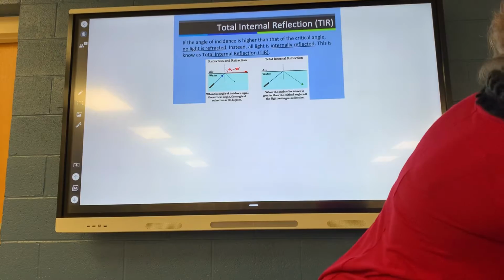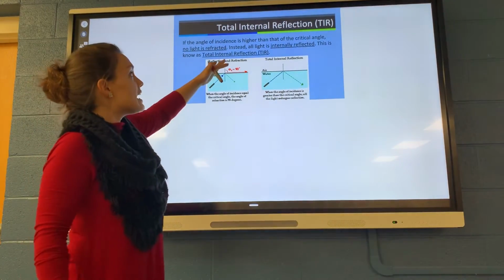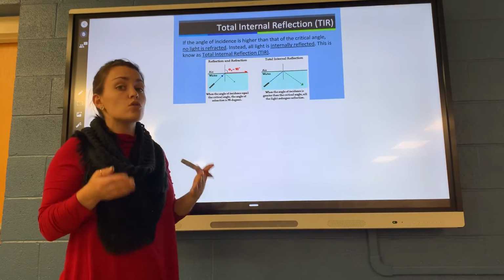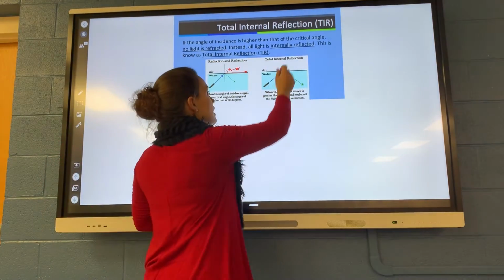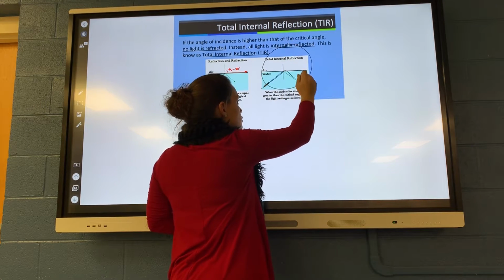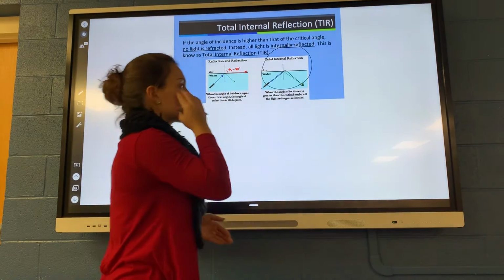So once you pass that critical angle, and everything is reflected, we call that total internal reflection. Because if this was your round thing in the back, everything is now internally reflected in the water, all right? Internal reflection inside of that water.